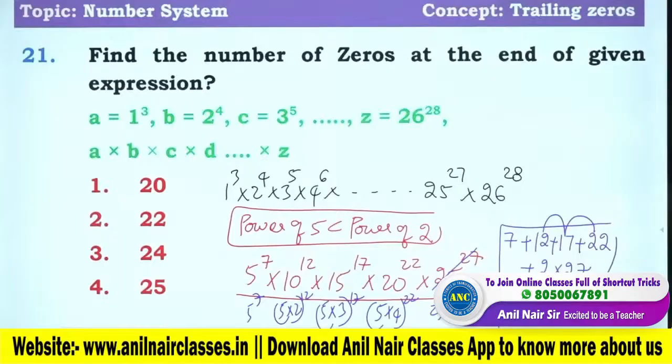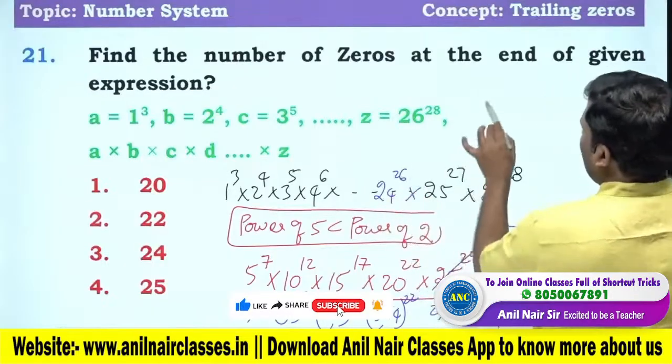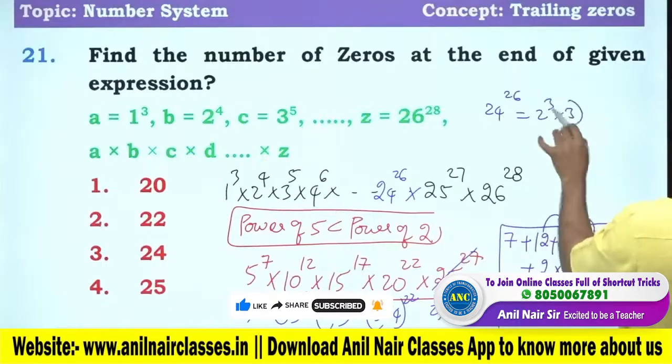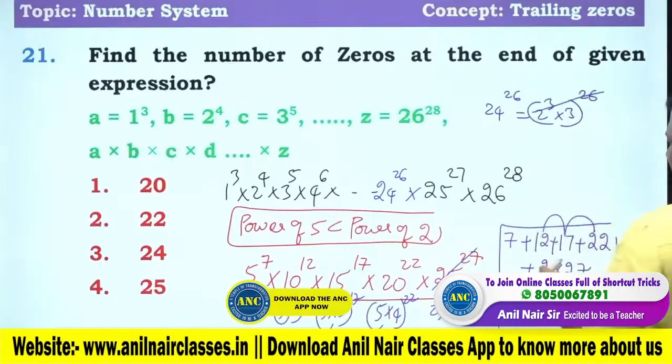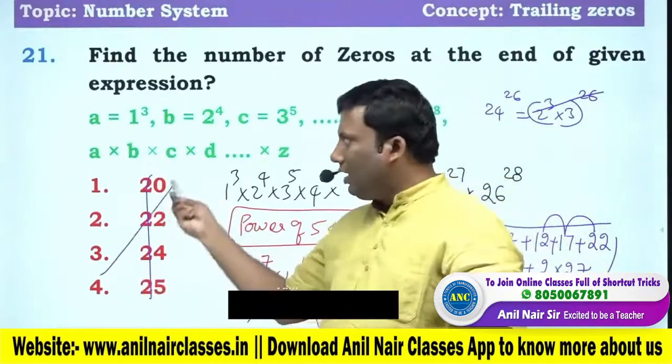54 plus 58. Now what is he asking? All the answer options are 20, 22. No, this will be 24 power 26. 24 power 26 only, 2 cube into 3 power 26. I got 78. So definitely all the answer options are incorrect.